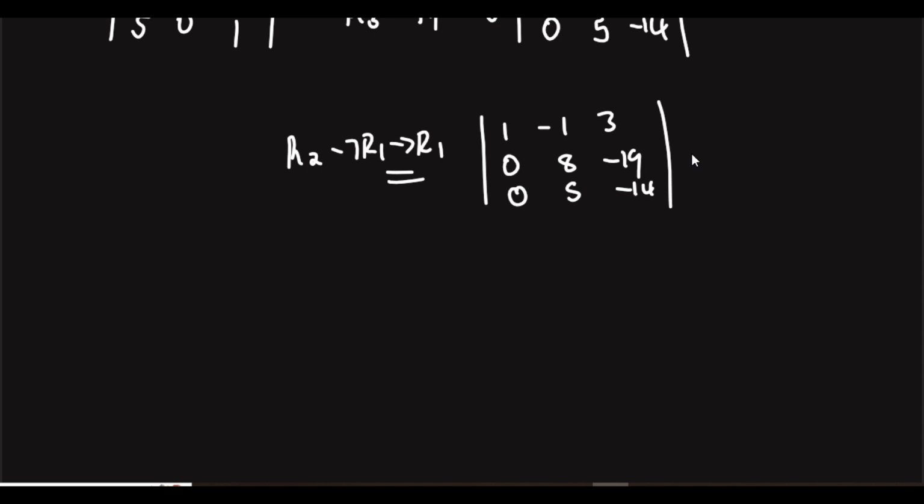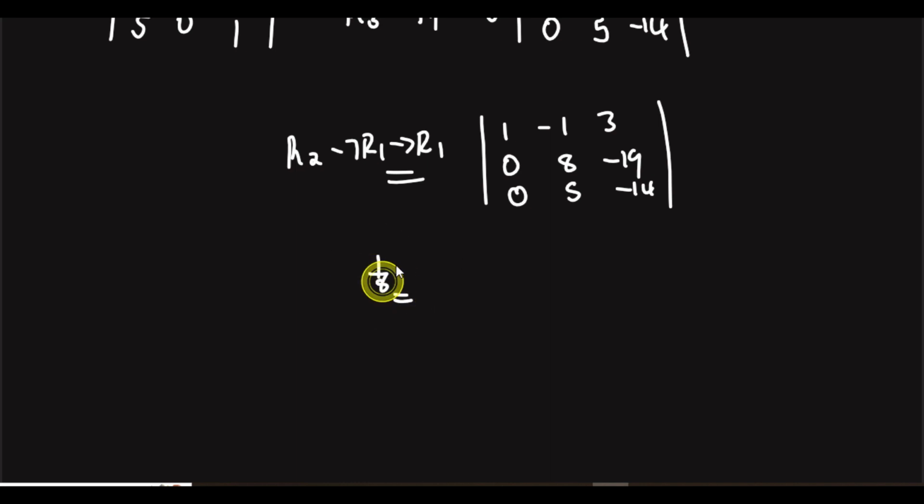So from here, what else can we do? We can take out 8 as a common factor and 5 as a common factor as well. So let's divide row 2 by 8, taking out 8 as a common factor: 1 over 8 R2 to give me the new R2.